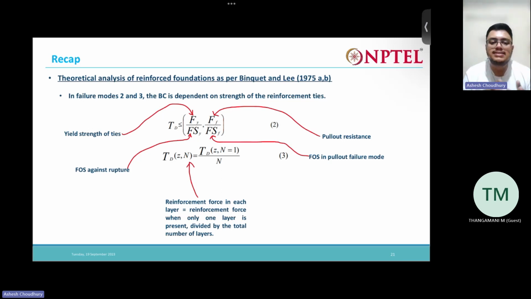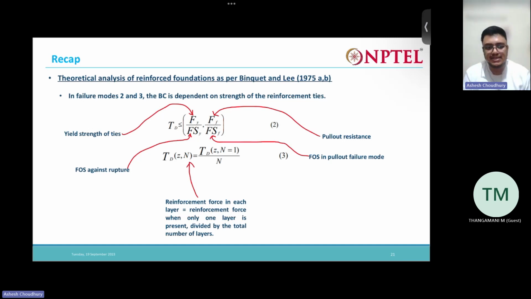So it is taken as the minimum of the yield strength of the ties and the pull out resistance of the ties. Here you can see TD should be less than or equal to the load coming onto each reinforcement tie, that is, the yield strength of the tie.